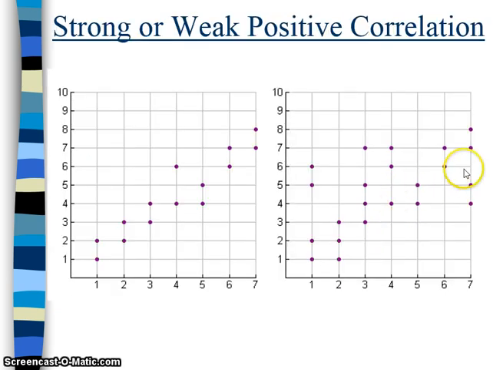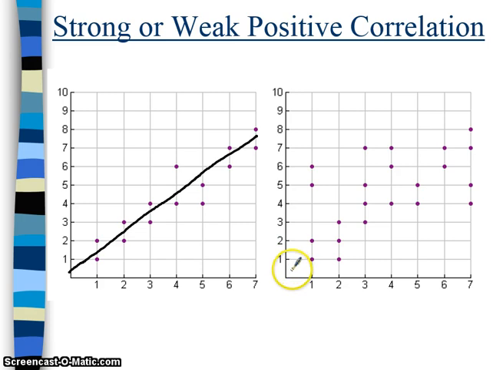Now, like I said earlier, there can be strong and there can be weak positive correlations. If you look at this example, if I drew a line down the center of all the points, which we'll learn in our next lesson is called a line of regression, you can see that all the dots are very close to the line.